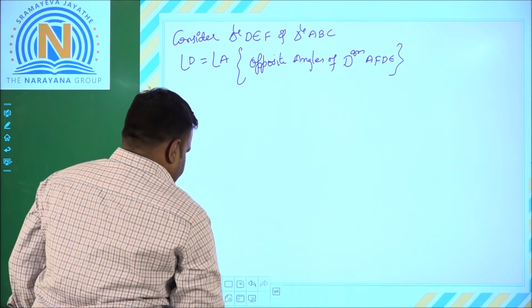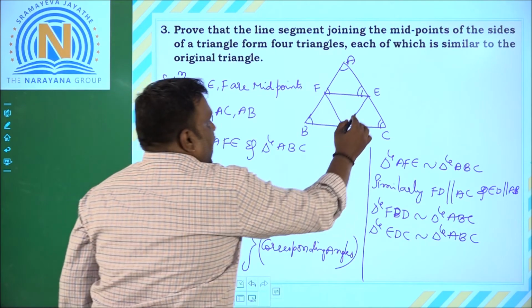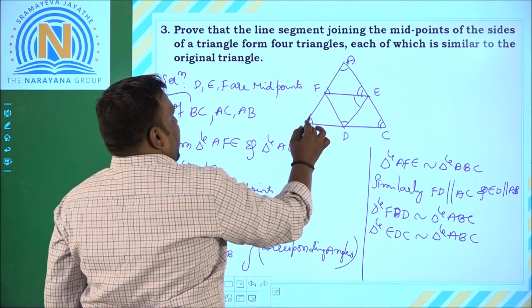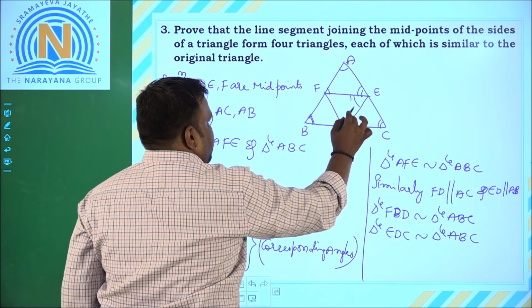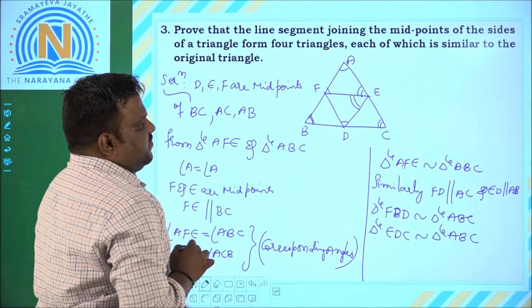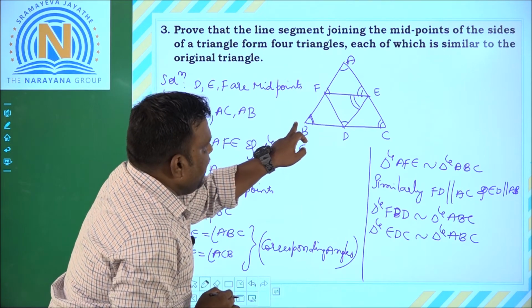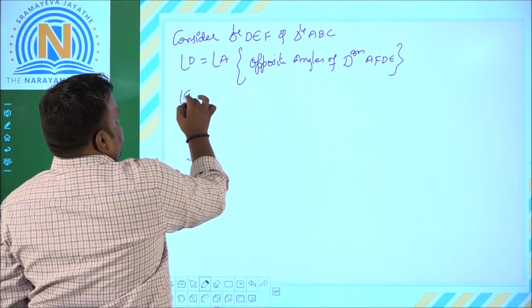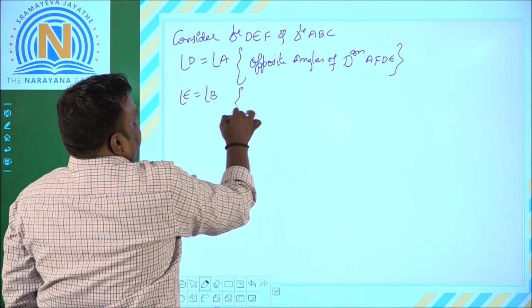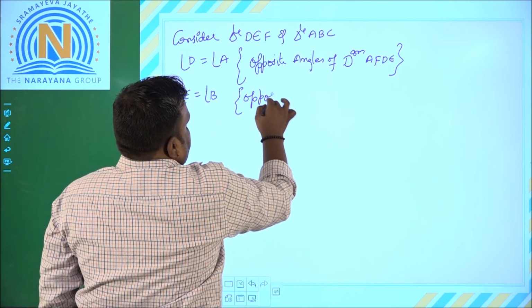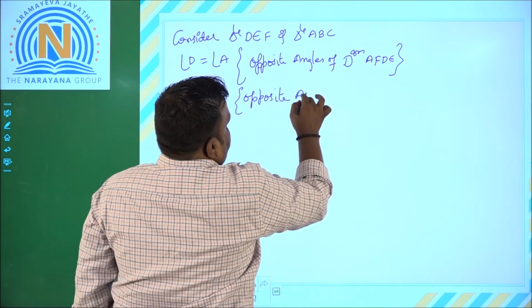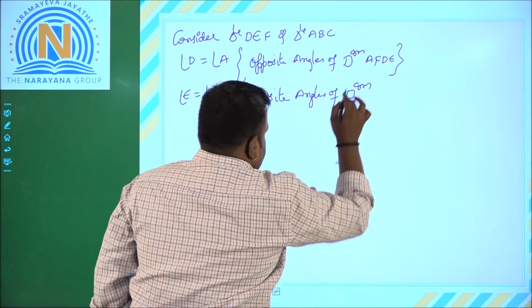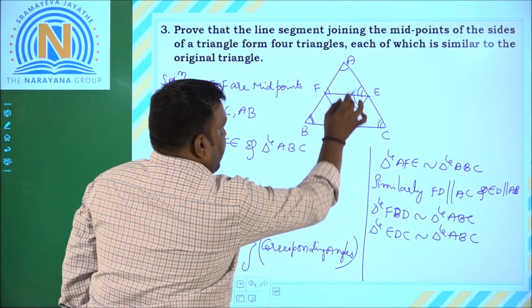In a similar manner, angle E is equal to angle B, because these two are the opposite angles of parallelogram BDEF.